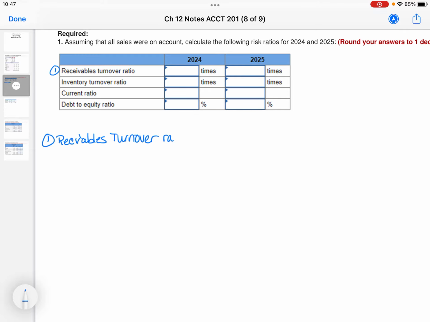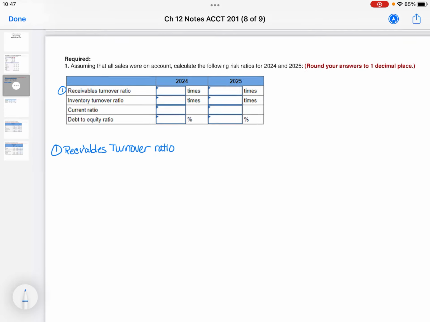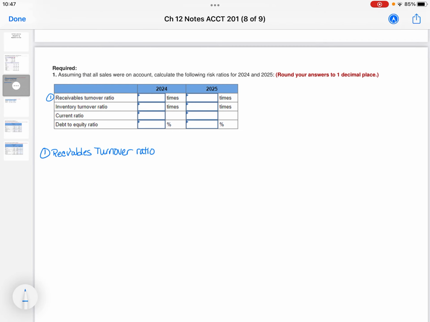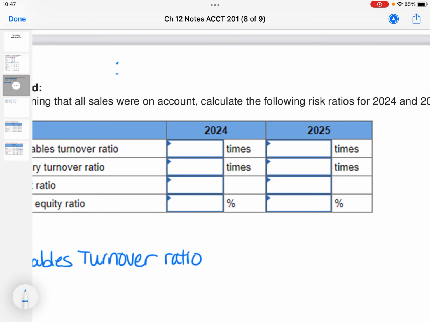Okay, so turnover. What is turnover? Turnover tells us the life cycle. If you think about receivables, what is the normal life cycle for a receivable? The normal life cycle would be that someone charges on account, and that establishes an accounts receivable. We provided a service or sold something, so there's an increase in accounts receivable, and then we collect it.